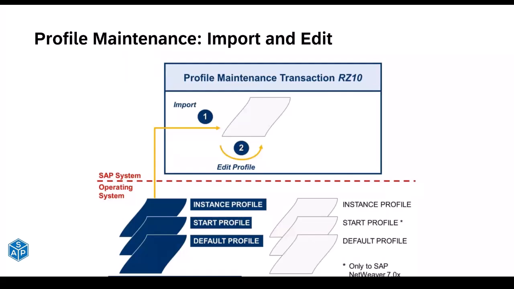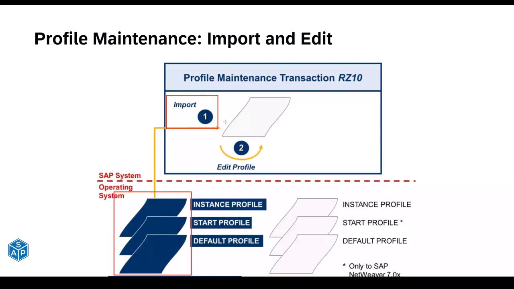No. See, one minute. What happened the first time? The first step you are doing is importing the profile. When you import the profile, all the information from your parameters and all the profiles is imported into your database on the RZ10 program.